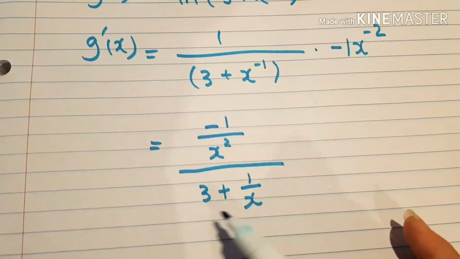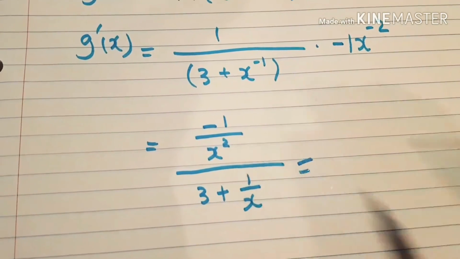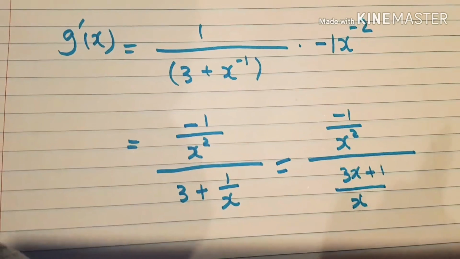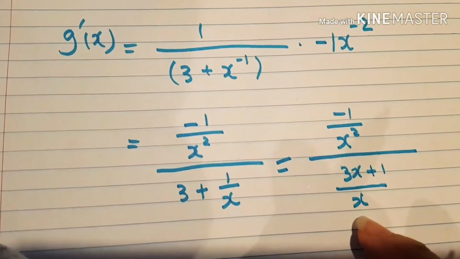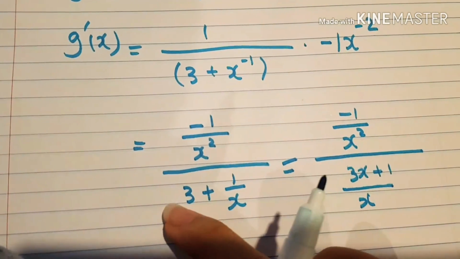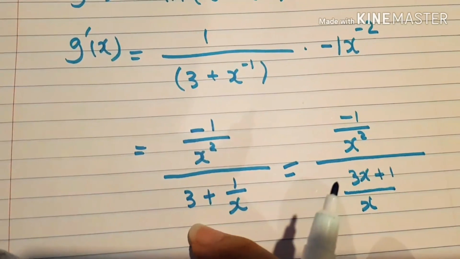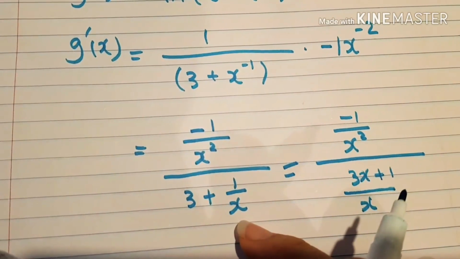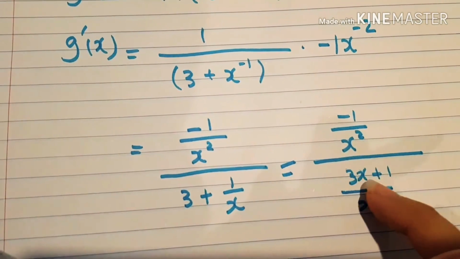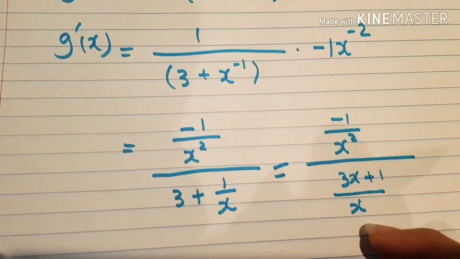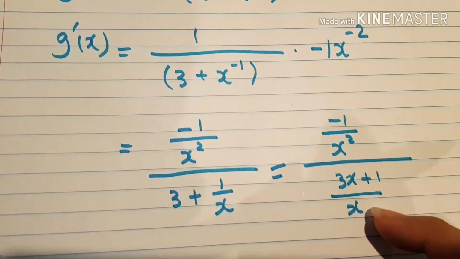Now I'm going to simplify this to this. What I have done is just change that one because it's 3 over 1. So I multiply x top and the bottom so I can add these together. So now 3x plus 1. Alright, this one, fraction over fraction.